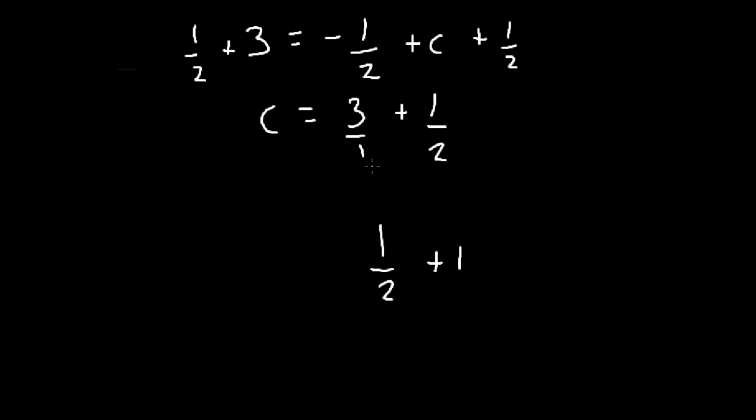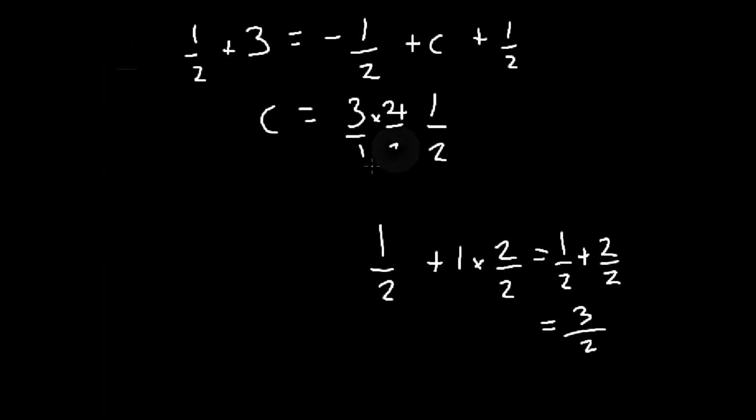What I can do is multiply that 3 by a special one, 2 divided by 2, and it's still equal to 3. If you put it in your calculator, it's still equal to 3. So all I need to do is multiply this by 2 divided by 2.